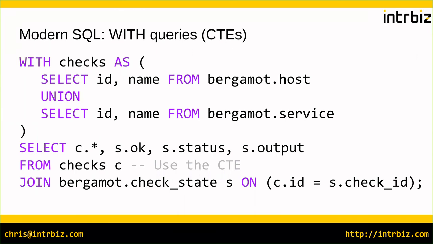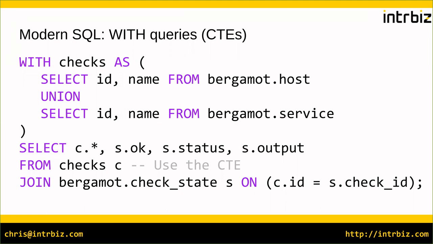A very cool thing that a lot of people don't really know about and use is the ability to use what are called common table expressions to break down big queries into much more readable chunks. In this particular case, we have a number of tables that we union together, and rather than keep repeating that stanza, we can just create effectively an alias for that query.